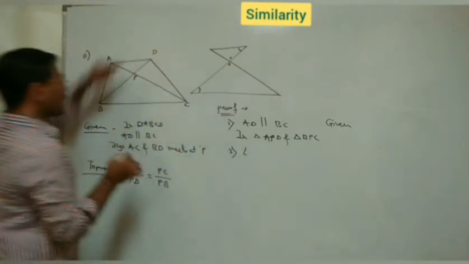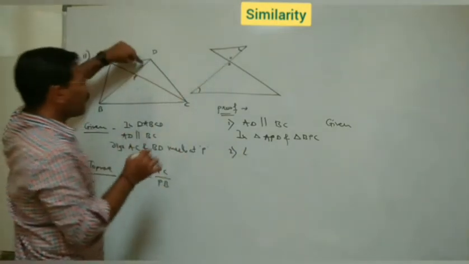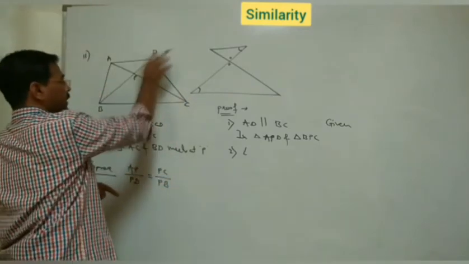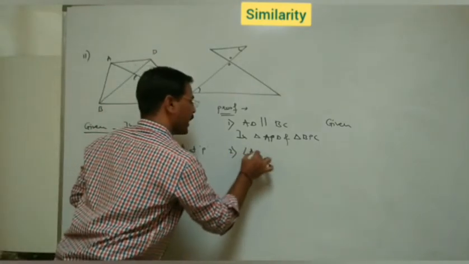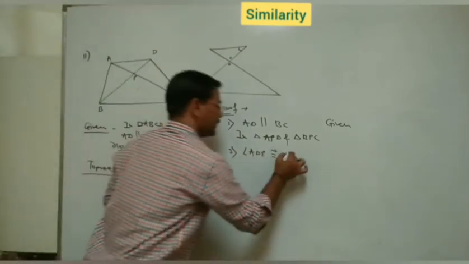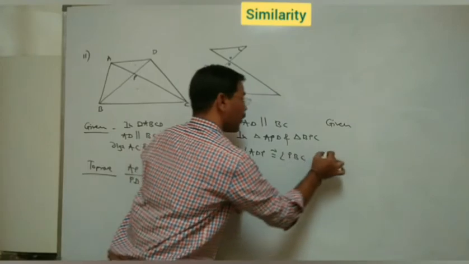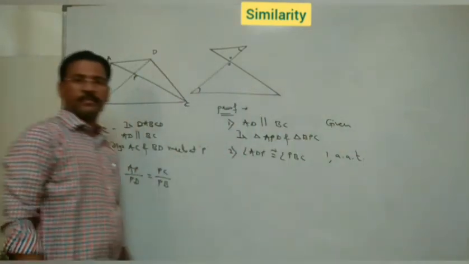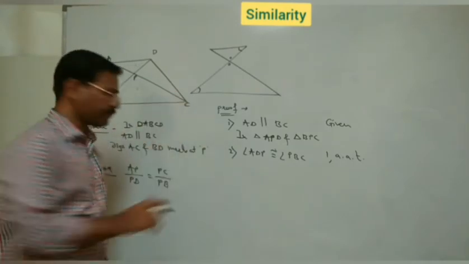Okay? Look here. So first, I'll take this angle. Which one? You can write... No, you cannot write by one letter. Always write by three letters. Here it is, angle ADP congruent to this side, angle PBC. And this is from 1 and alternate angle test. Always write the reason.